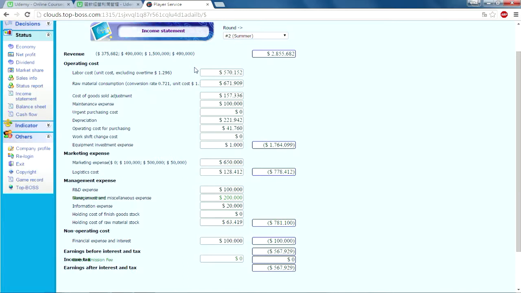The definition of this factor is, in the production line, when you throw in 1,000 pieces of raw material, there will be 688 finished products come out. This factor defines the relation between raw material and finished product. We use it as a conversion rate. So it's the yield? Yes, yield rate.